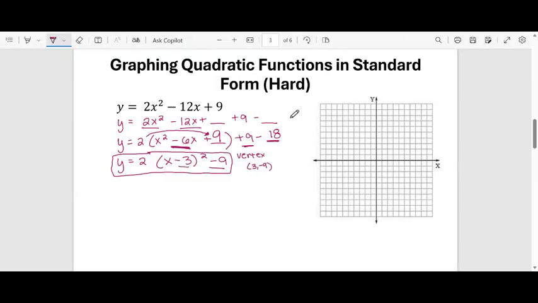And my pattern about the vertex table will have 3 columns, and the third column will have my coefficient of 2. So it'll be x, x squared, and 2x squared. I can go 1, 2, 3, and 4, up 1, 4, 9, and 16.